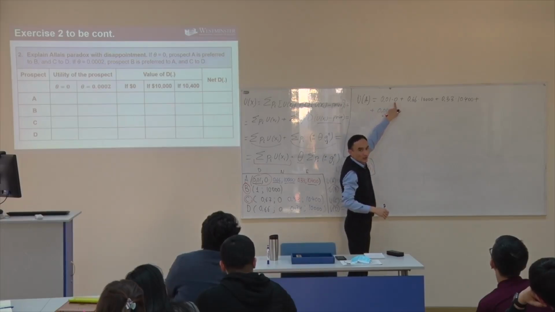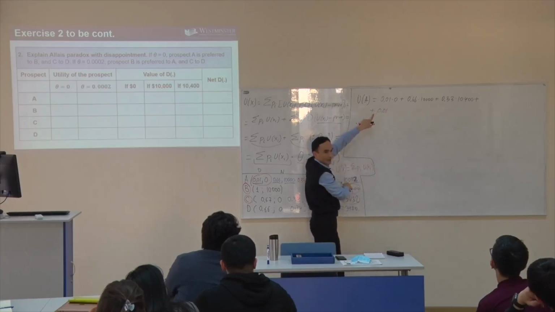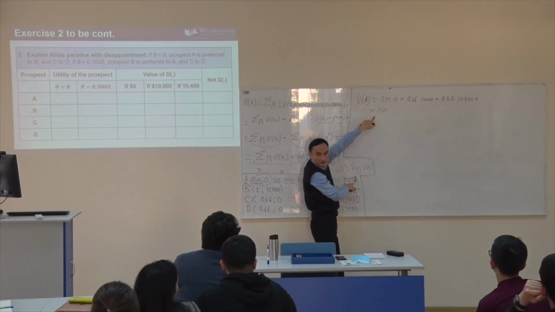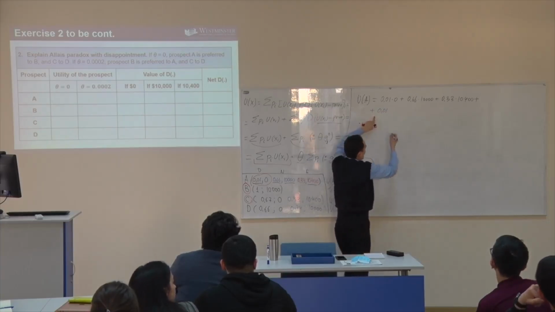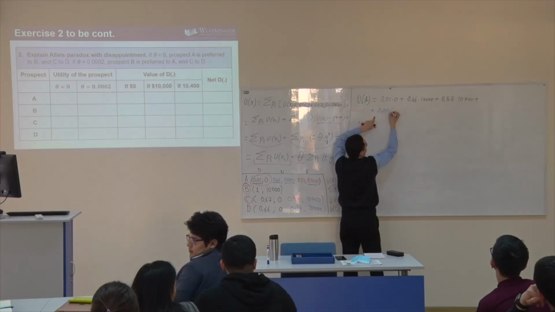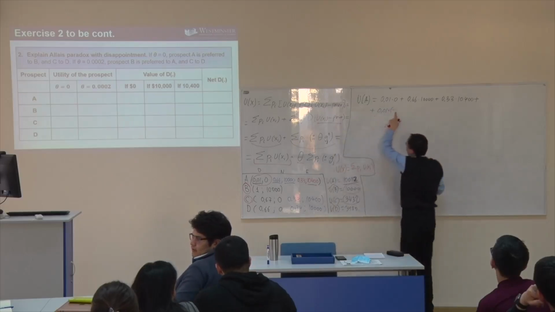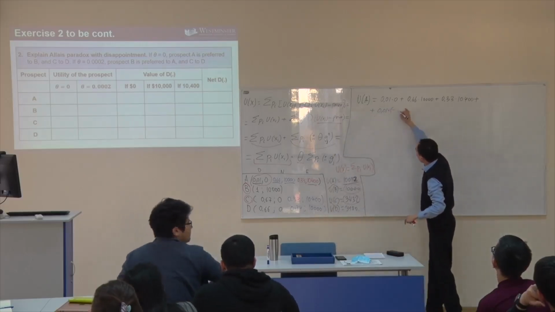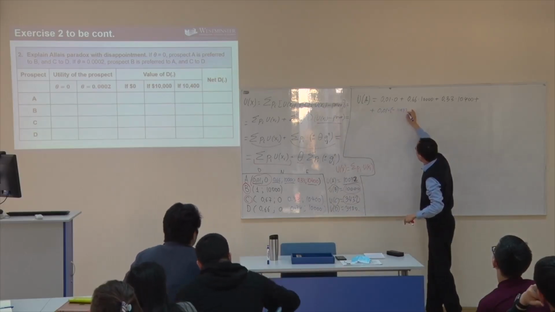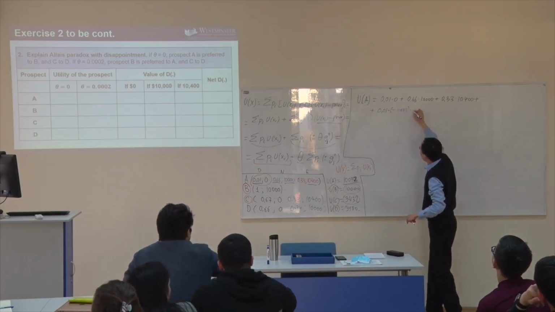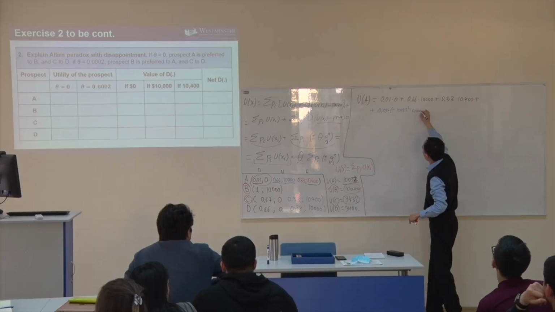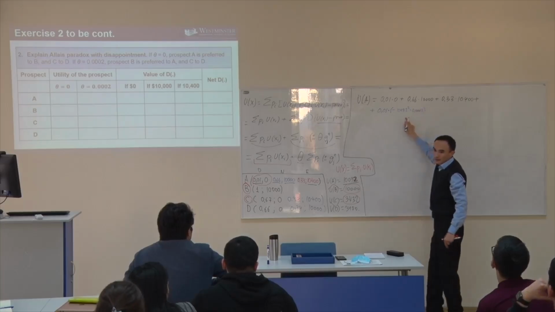How much is it going to be larger or smaller than my expectation? 10,032. Is it negative or positive? Negative. Minus 10,032 squared times theta, 0.0002. This is the first one.